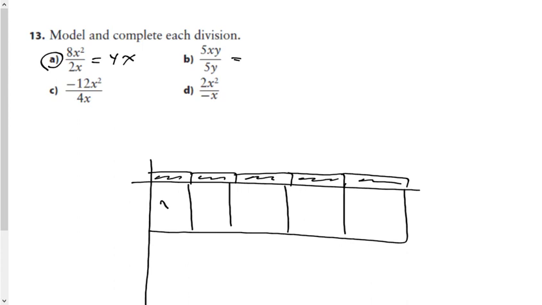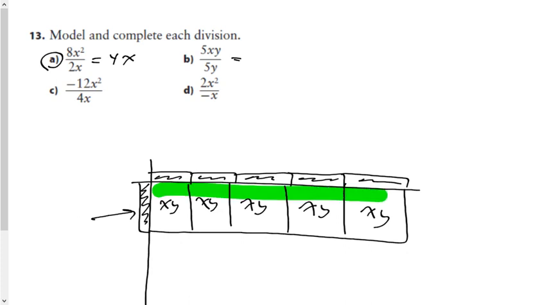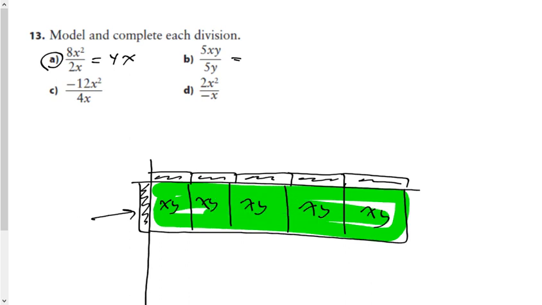This is a positive xy, positive xy, positive xy, positive xy, and positive xy, 5xy. Therefore, this side length has to be, I should probably shade these in, shouldn't I? These are positive in here. Therefore, my side length has to be a positive x, right? So my answer is going to be simply x. The width is x, or 5y times x is going to be 5xy.